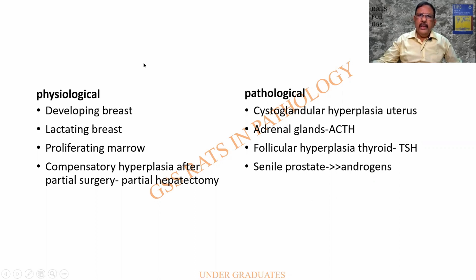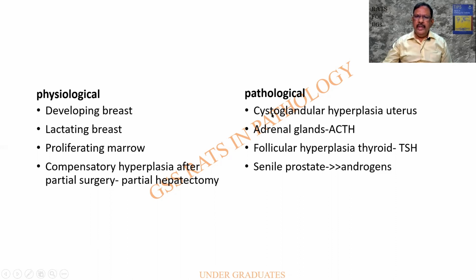Dear students, I would like you people to kindly observe both these columns. One is a set of physiological hyperplasia, another is pathological hyperplasia. In physiological, the examples are a developing breast. Second one, a lactating breast. Third is a proliferating bone marrow. And fourth, compensatory hyperplasia. For example, when a patient undergoes a partial hepatectomy, there is a proliferation of the remaining lobules.